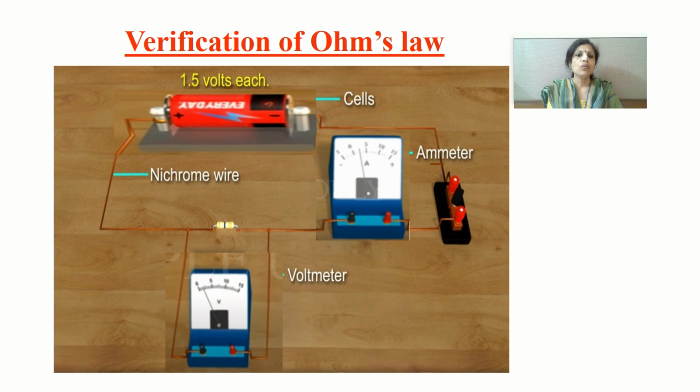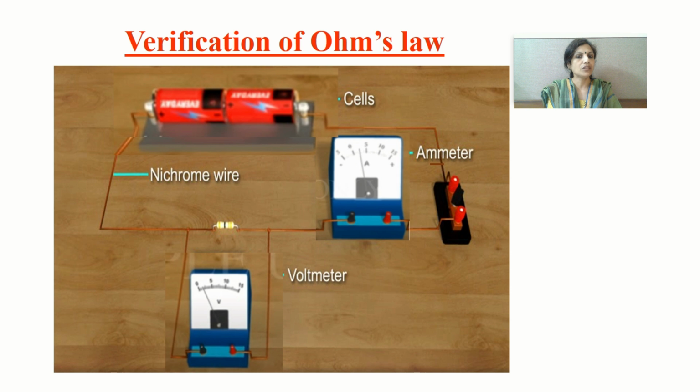Now what we will do, instead of one cell, we will connect two cells together. When one cell is there, we have provided a potential difference of 1.5 volt. Now when we connect two cells like this, look over here, children, how much is the potential difference? It is 3 volts. When you increase the potential difference, you will see a change in the current in the ammeter. So now look at the pointer.